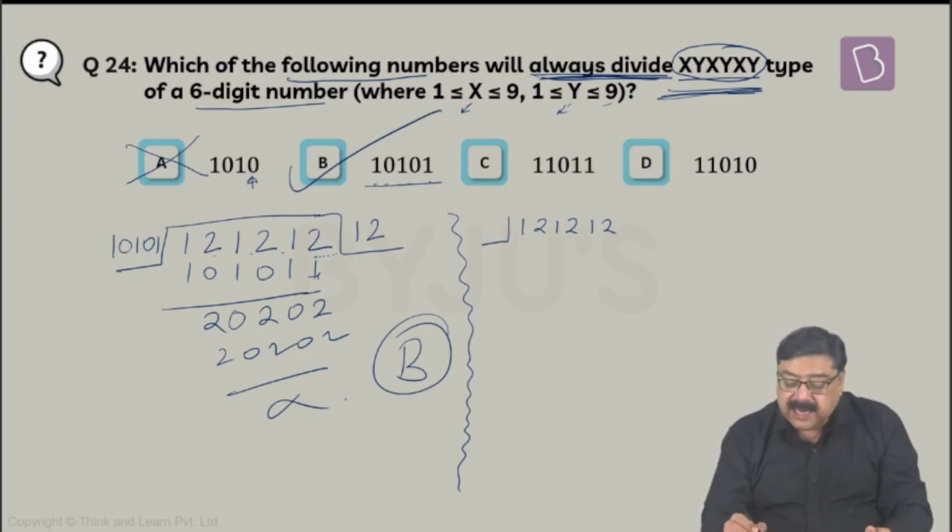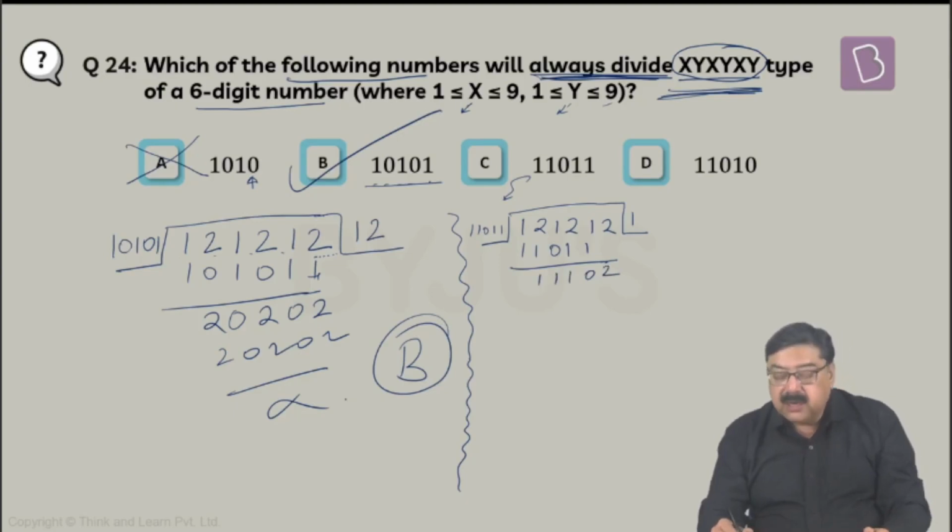In choice C and D, we have two numbers. So let us take up this number 11011. You multiply with 1, so 11011 becomes 011. Take down 2. Now 11102 is definitely not divisible by 11011. So hence that is why choice C is incorrect.